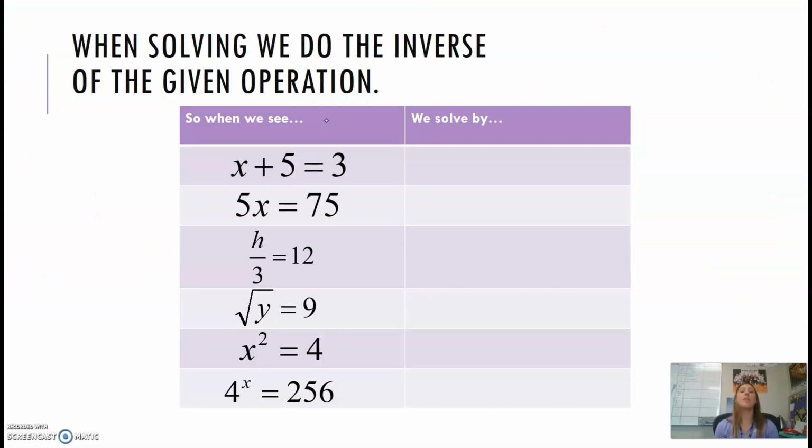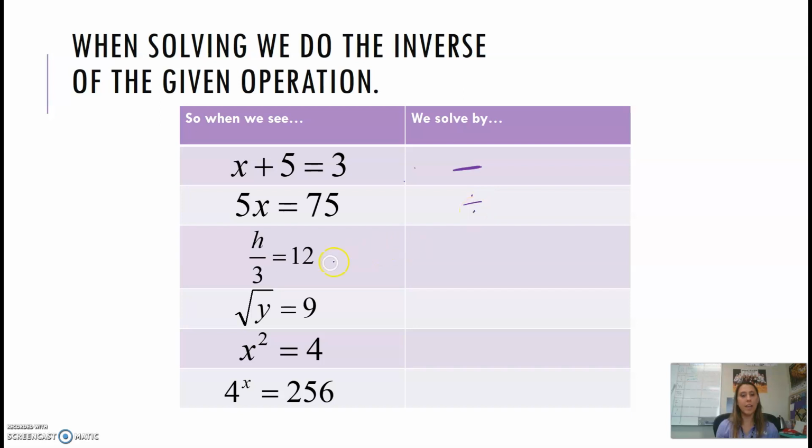All right. When we first started learning how to solve way back in the day, to solve x plus 5, we would use subtraction. For 5x equals 75, we would use division.